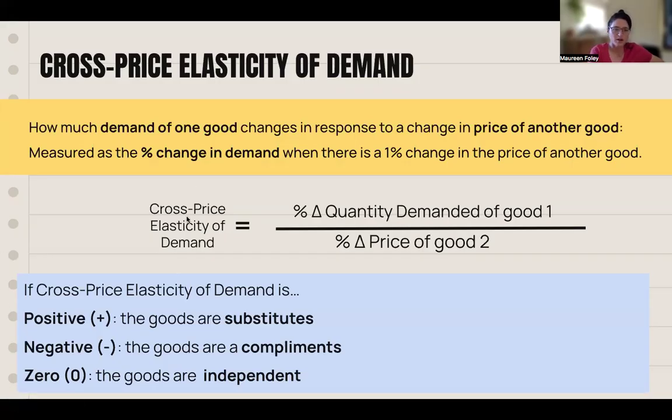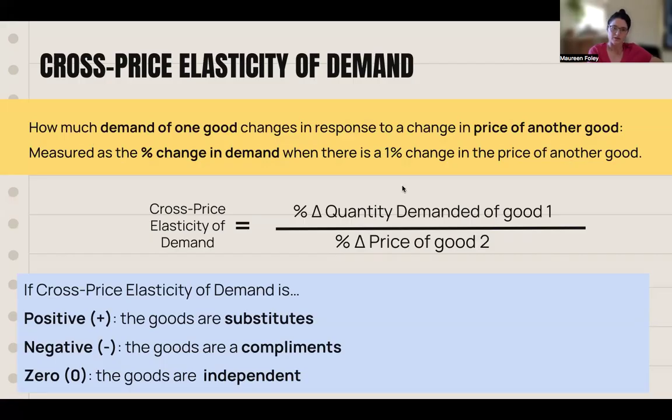And this equation probably looks pretty familiar too. It's very similar to the other ones we looked at. It's the percent change in quantity demanded of good one divided by the percent change in the price for good two. So this should sound kind of familiar because we've already talked about substitutes and complements.